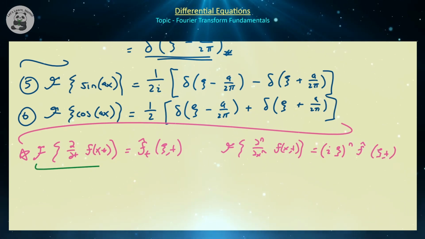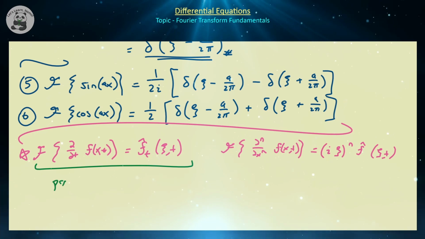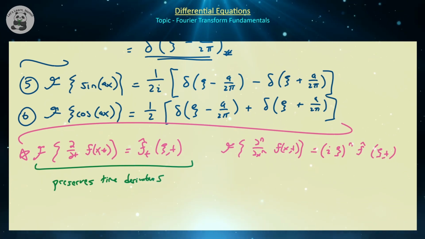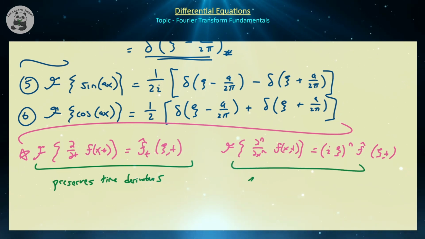So, in terms of summary, it preserves time derivatives, at least by construction, because we're going to be using the Laplace transform to take care of time derivatives, and it eliminates spatial derivatives.